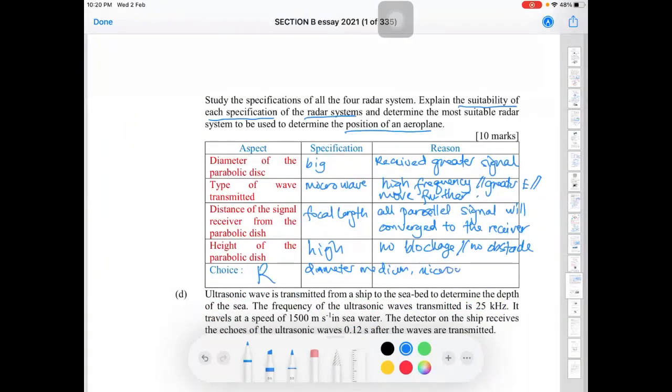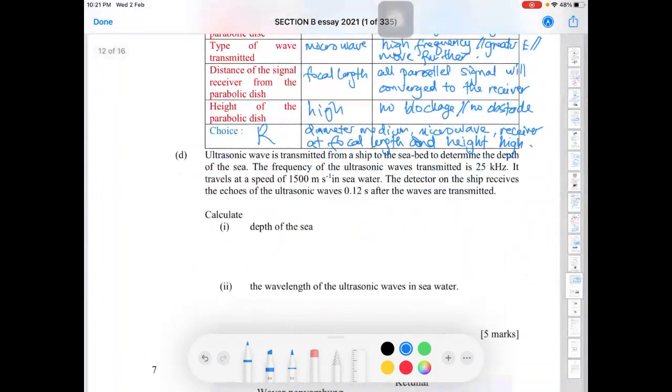Microwave, and then the receiver at focal length and high. Okay, complete. So now kita nak kira pula.